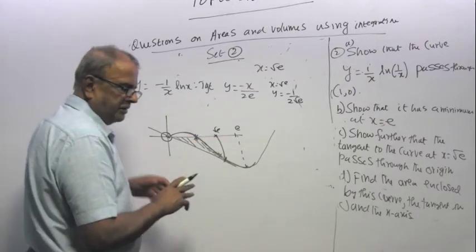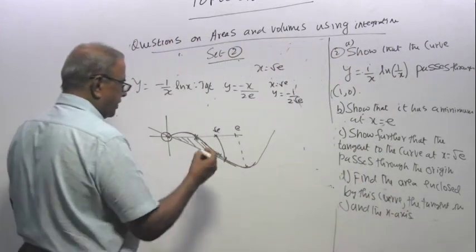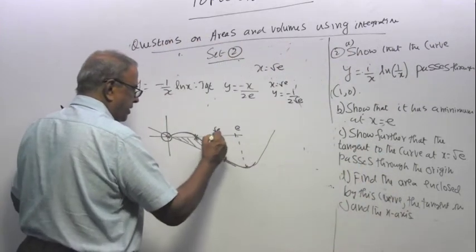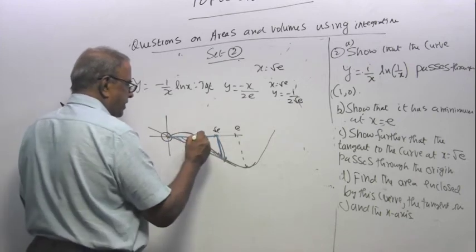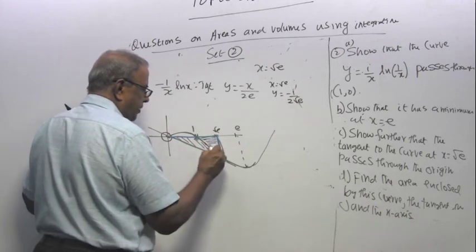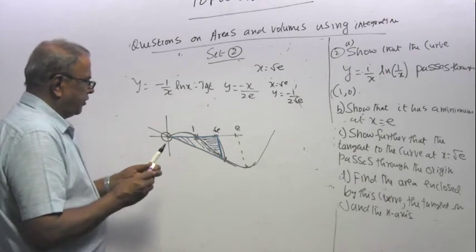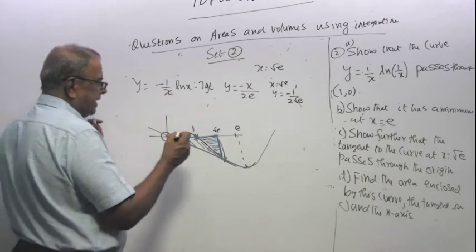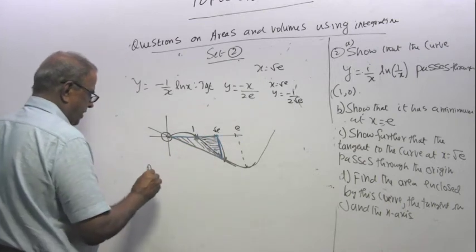Can you see now if I were to shade it using a different color? Hopefully this works. You see here, there is a blue triangle. From that, you remove this bit. Then you get the remaining, isn't it? So therefore, I need to integrate between 1 and root e.